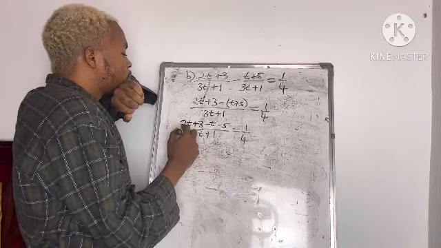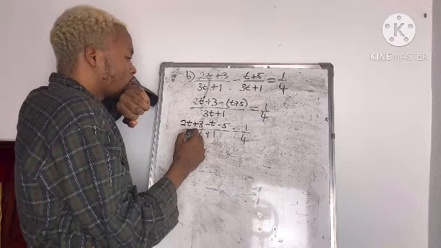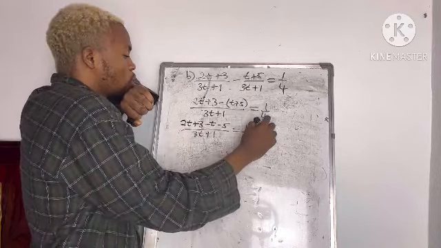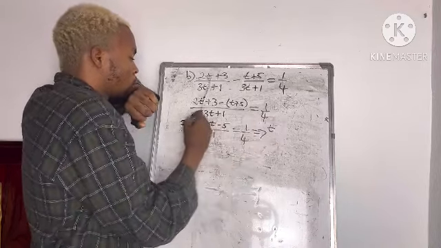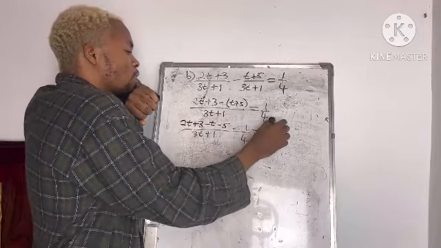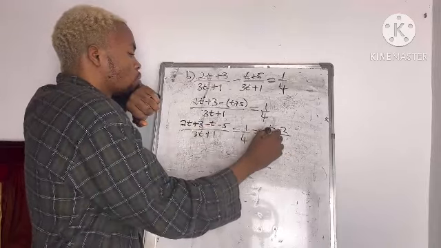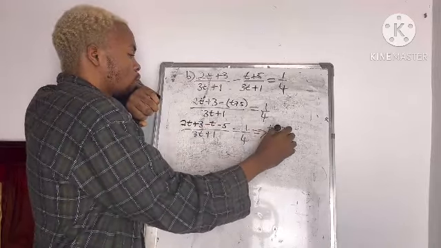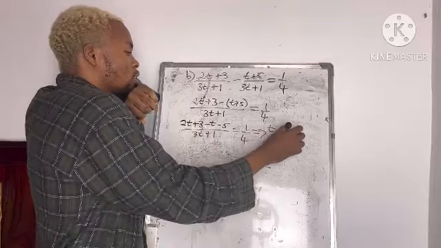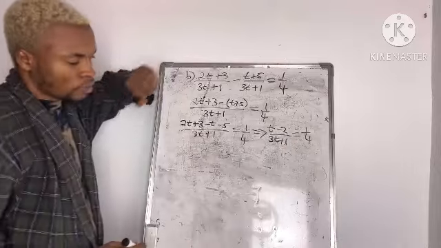So from here you have now 2t − t, which you end up with t. 3 − 5, you have −2. All this divided by 3t + 1 equal to 1/4, right?